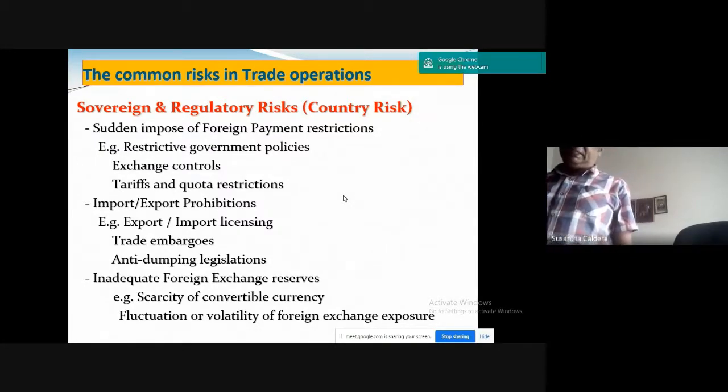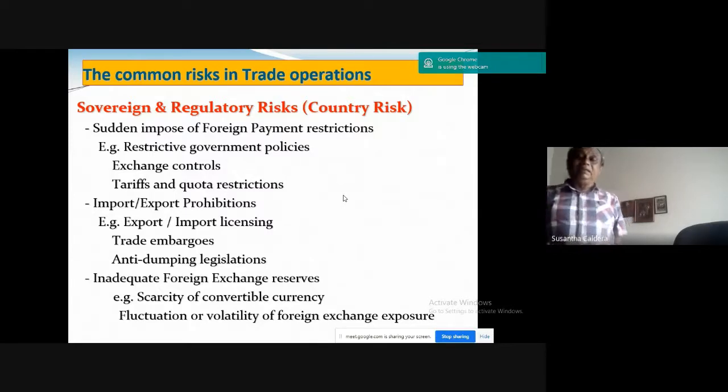The best method to learn this is to think of an example. Right? These restrictive government policies, sudden imposition of foreign payment restrictions.